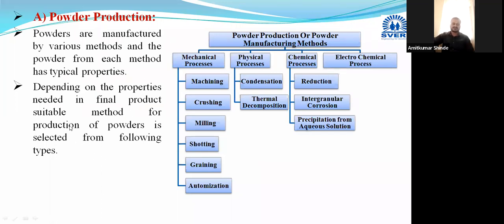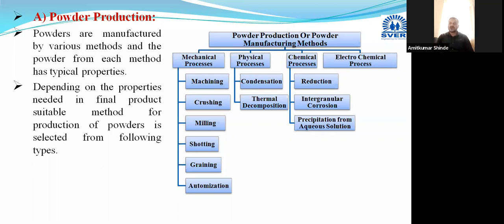The first step involved in the powder metallurgy technique is powder production. Now, powder production or powder manufacturing can be done in different ways. Various methods are there, and each method will give you a different particle size, and the properties of that particular powder will be different.